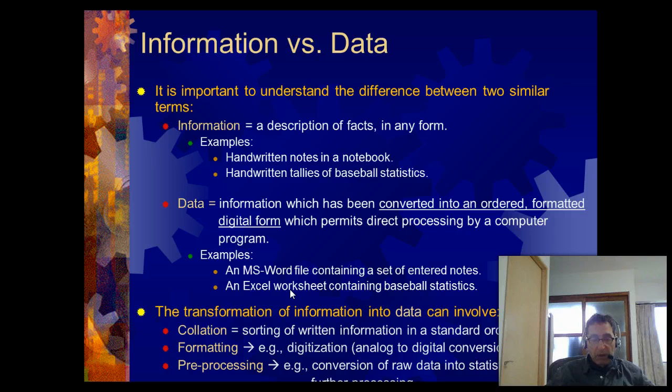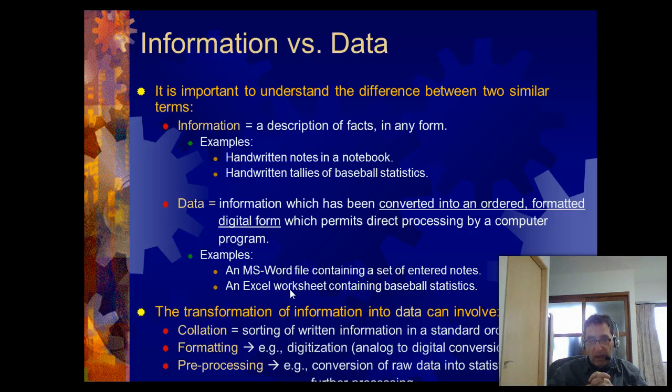The transformation of information into data can involve collation, which is like you've done sorting in Excel, probably sorting a column. So sorting of written information in a standard order, formatting, for example, digitalization.